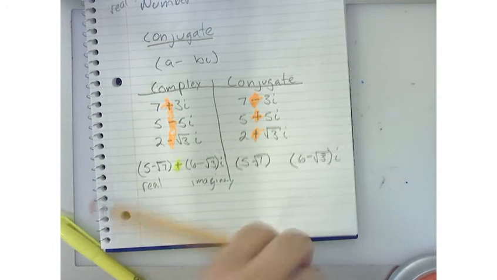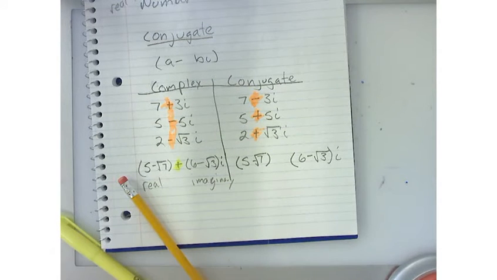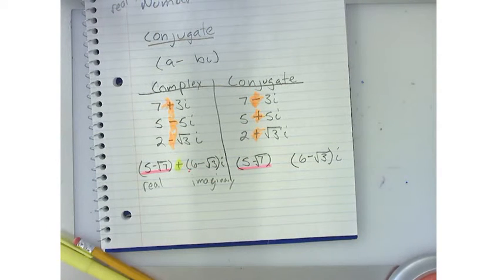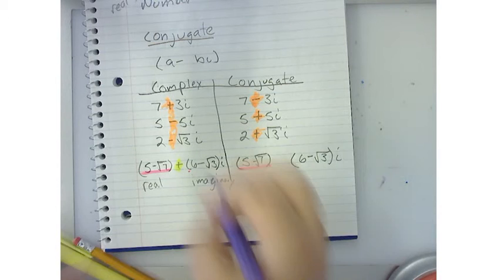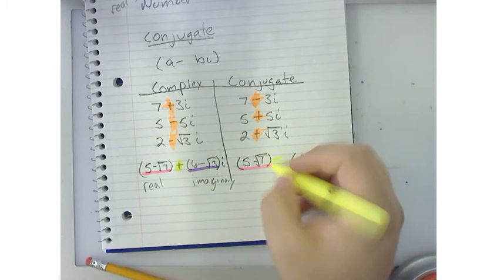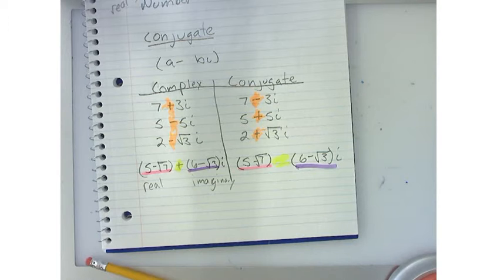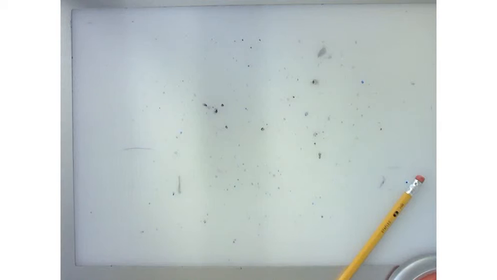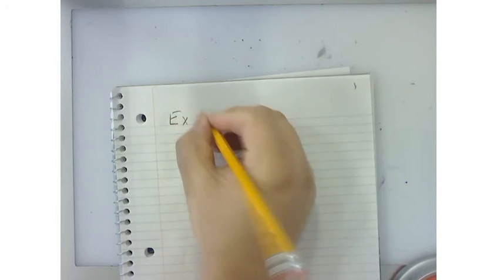Not a single thing changes here or here. The only thing that changes is right in here. So what do I put there? A minus sign. Does that make sense? Alright, so to do example number 4, we need to use a conjugate.